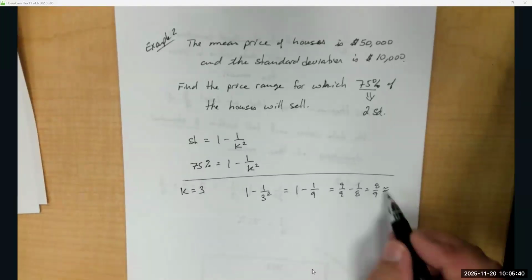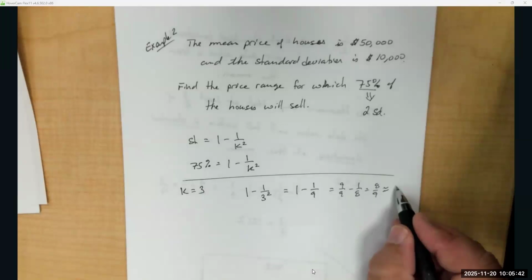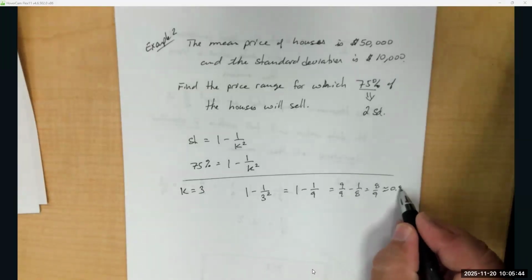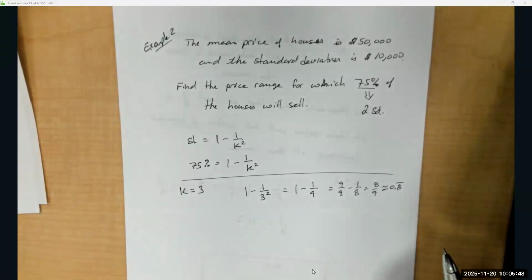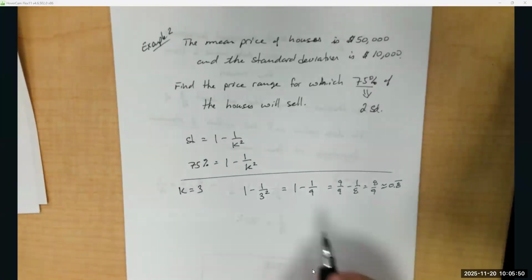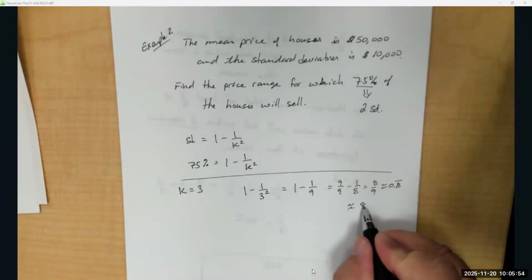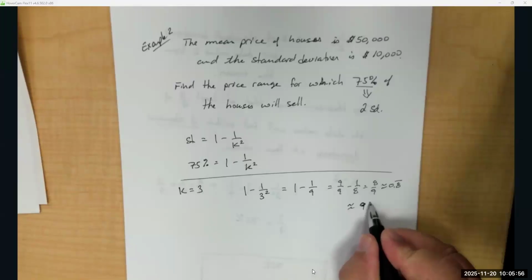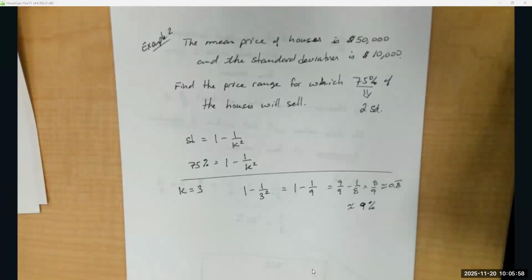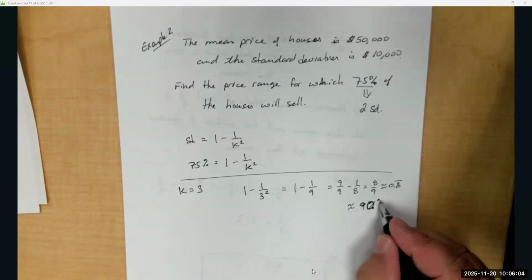So what is 8 over 9? Around it, it's 0.888. So it's approximately 0.89, or 89%. You could say 90%, because we have to multiply by 100.